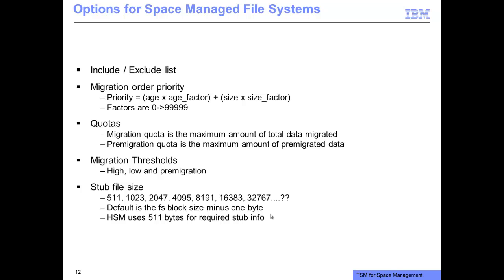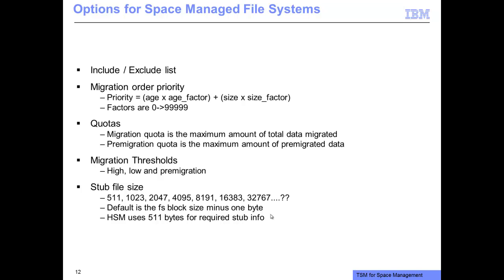Second, you're going to decide on a migration order priority. And this is basically a formula that combines the age of the files and the size of the files. So you'll set up an age and a size factor. In addition to the migration order priority, you'll set up migration quotas.